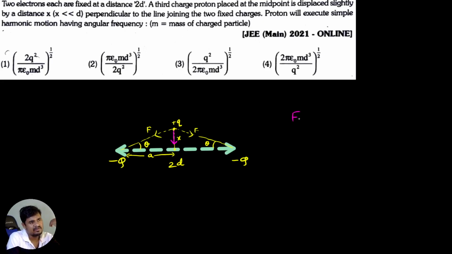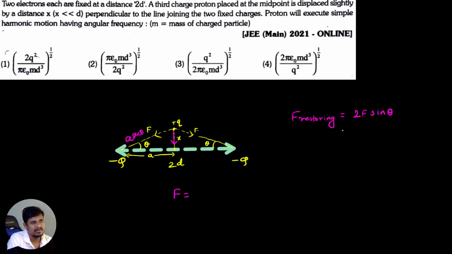So F restoring is 2F sin theta, and F is how much? If you calculate the value of F, this is a, this is theta, so this length is a sec theta.